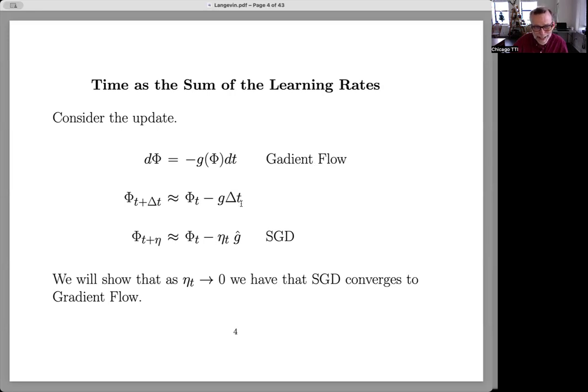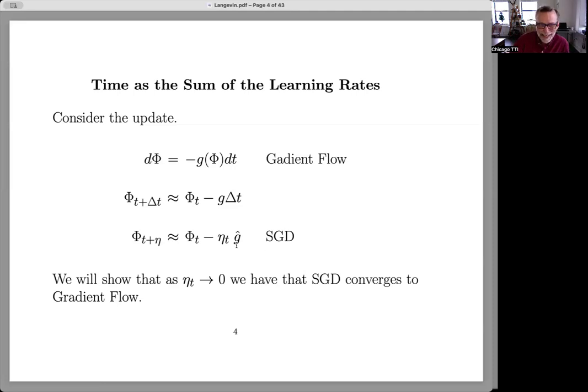And that's similar to saying that as this step size goes to 0, our numerical integration will become accurate. But there are two issues here. One is that we can take the step size to 0, but this G is the true gradient, whereas in SGD, we're using an approximation of the gradient based on a mini batch, or maybe even just one sample point.